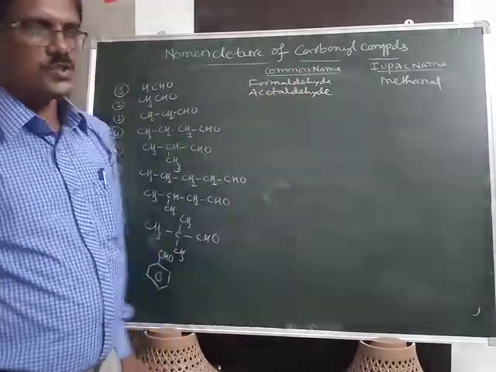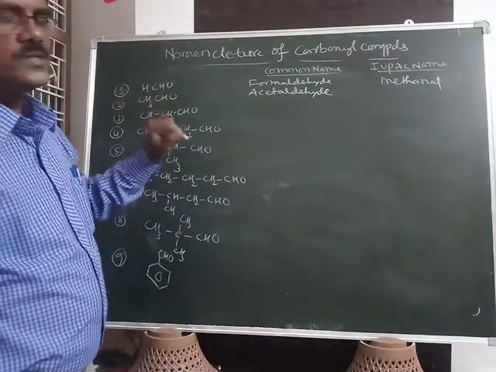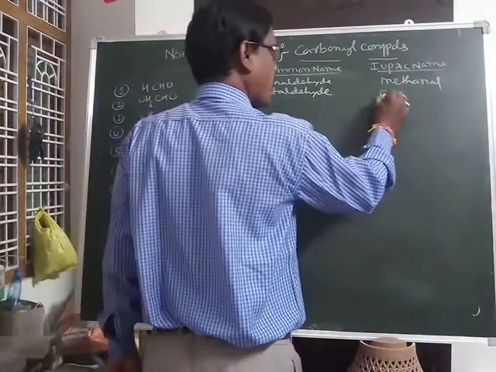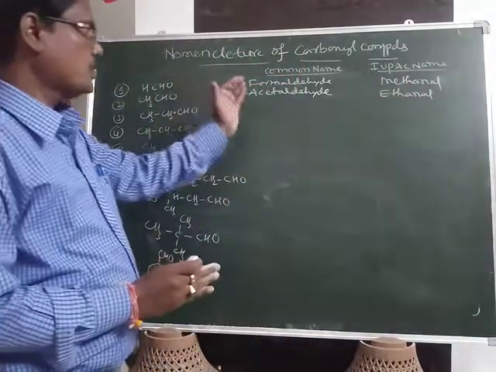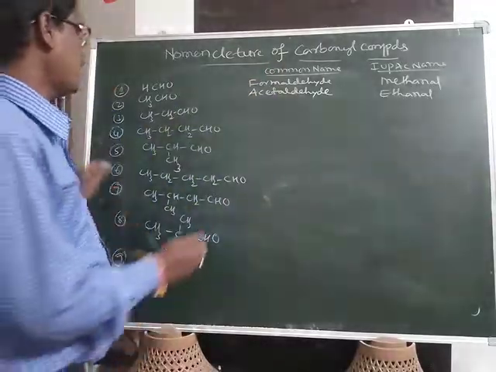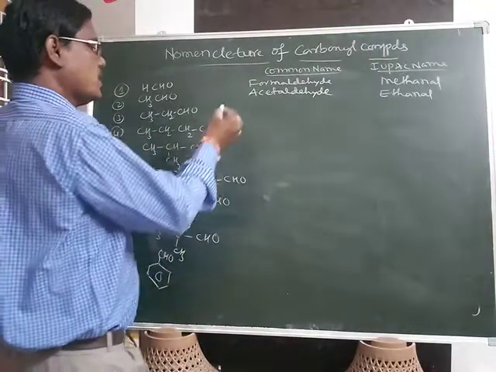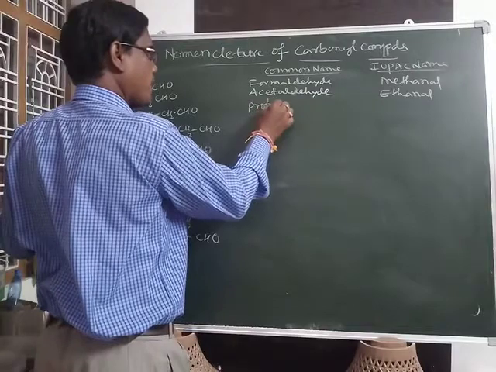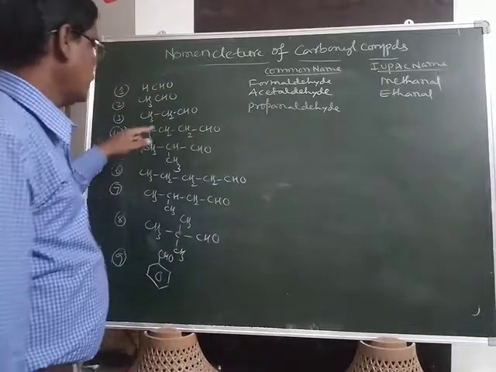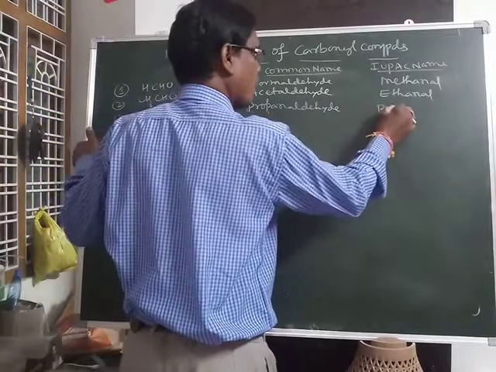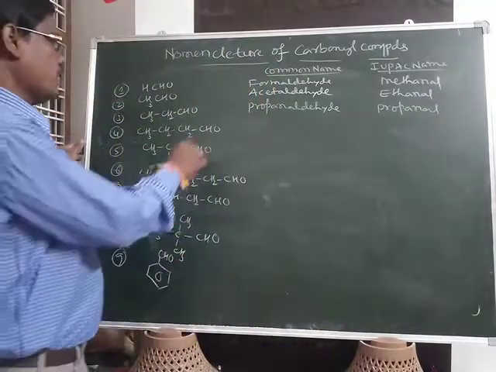Now the IUPAC name: it contains 2 carbons, so eth plus an plus al, ethanal. Next, 3 carbons, a propanoic acid derivative, so it is called propionaldehyde, and its IUPAC name is propanal.